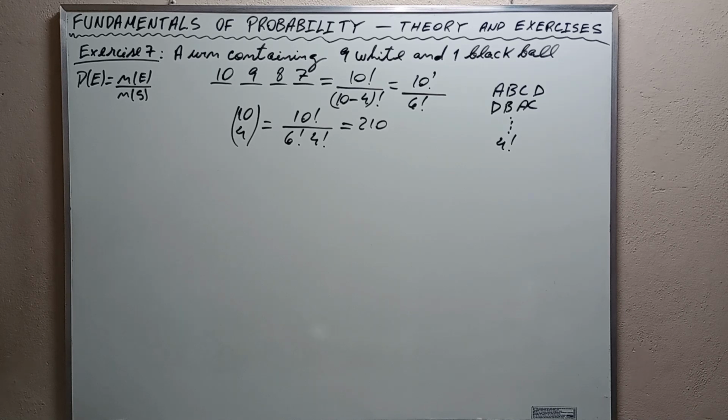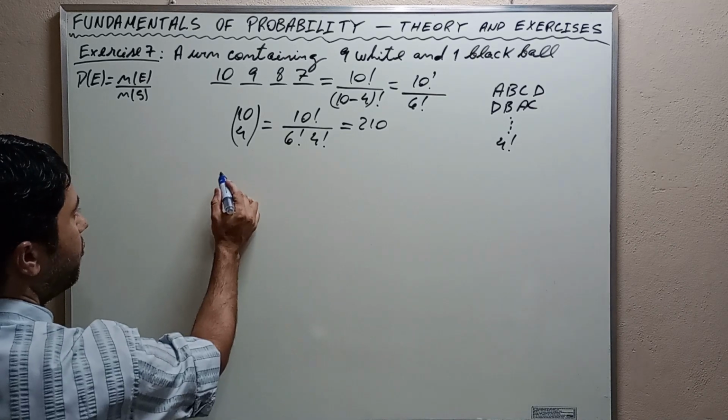The probability that the black ball is chosen is the complement of the probability of choosing only white balls. One more time: the probability that the black ball is chosen is the complement of the probability of choosing only white balls. That is, we have 4 positions here.